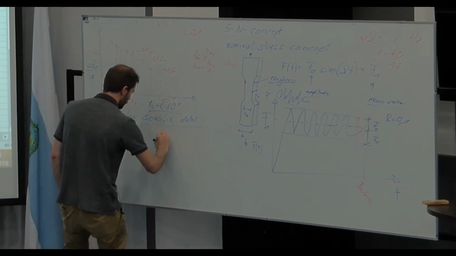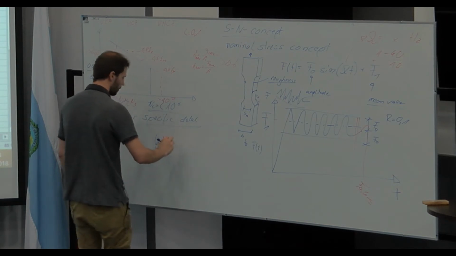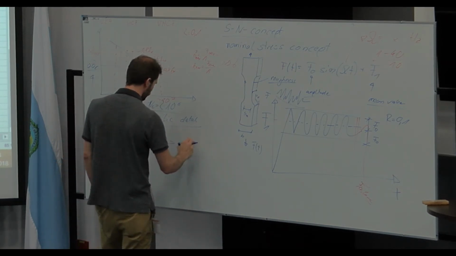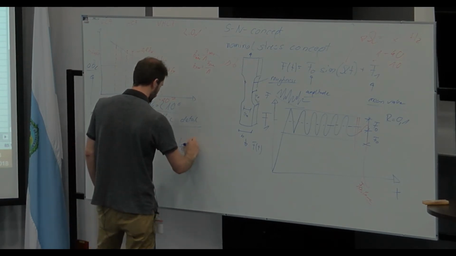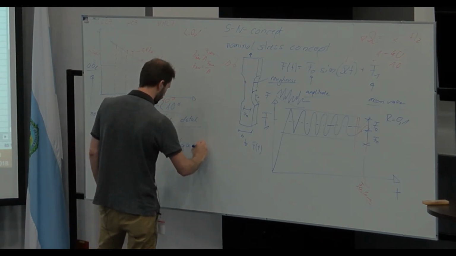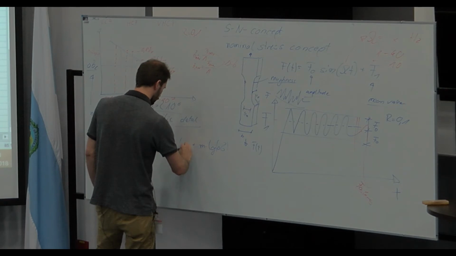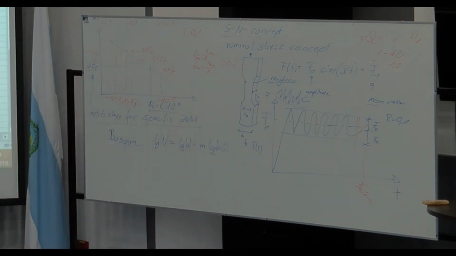So we have here our log N is, log of VA. It looks like this.